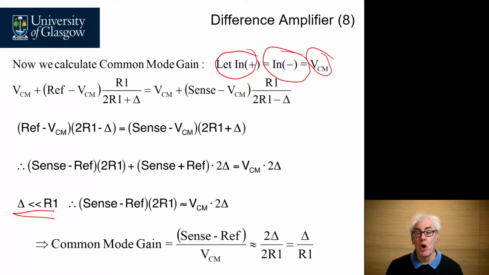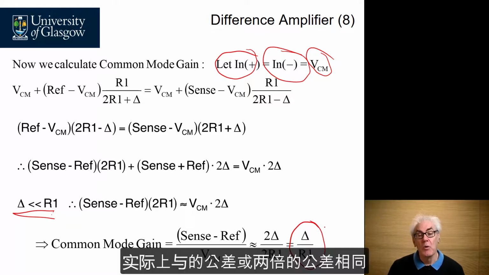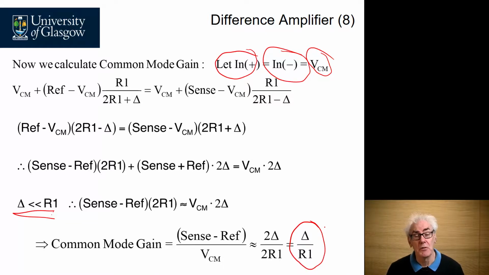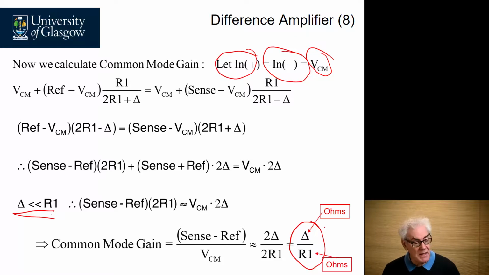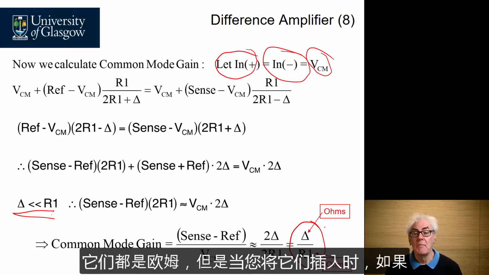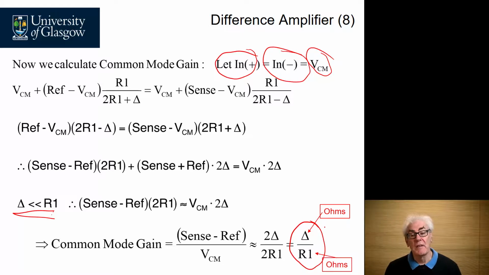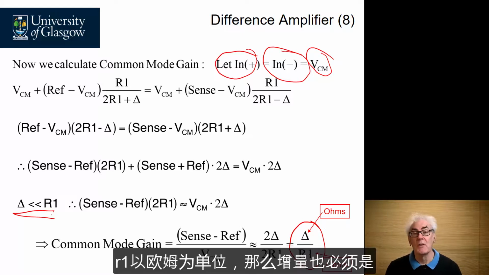So we land up with a common mode gain, which is delta divided by R1, which is effectively the same as 2 times the tolerance of the resistors. In this instance, they're both ohms, but when you plug them in, you'll land out that if R1 is in ohms, then delta must also be in ohms.